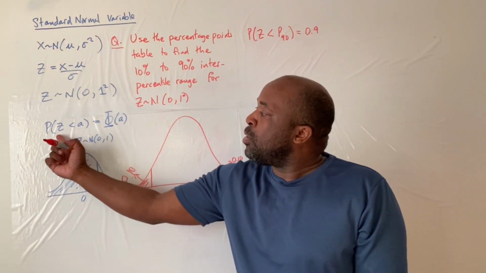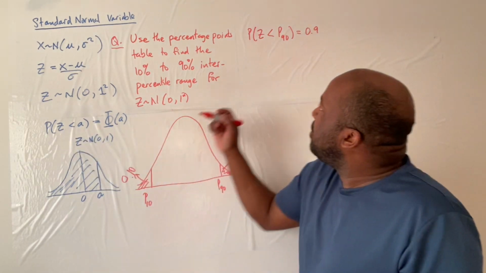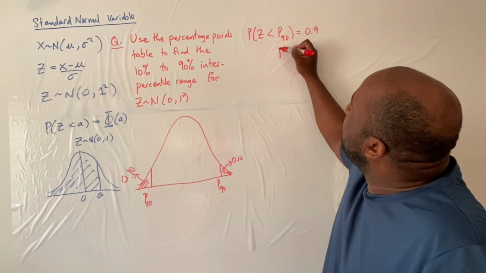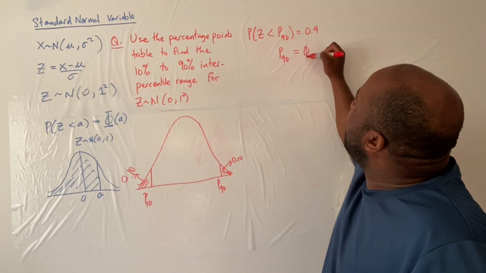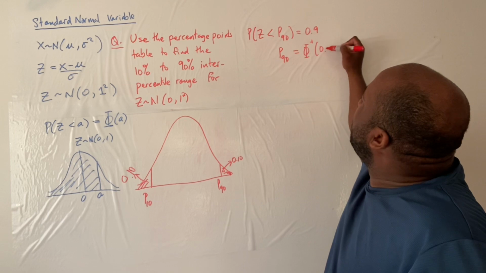Since this accords with the definition of the phi function, we're looking for that value such that P90 is equal to phi inverse 0.9.